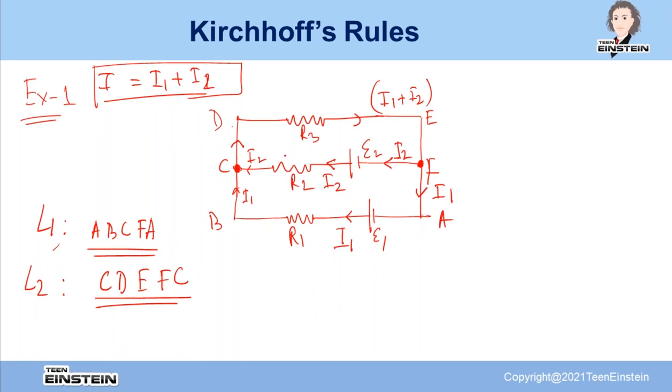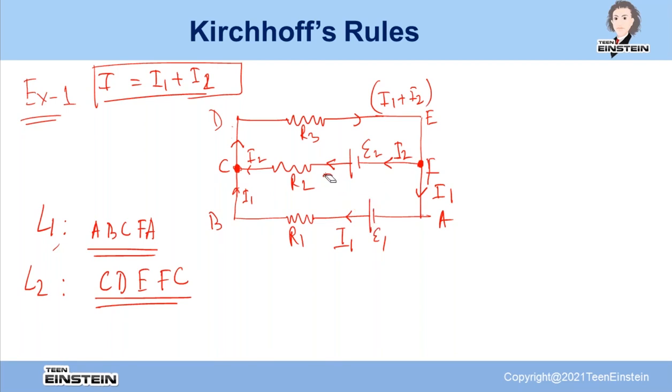Loops are denoted by an arrow. I'm just going from A to B, C, F and coming back. This is how loops are written.